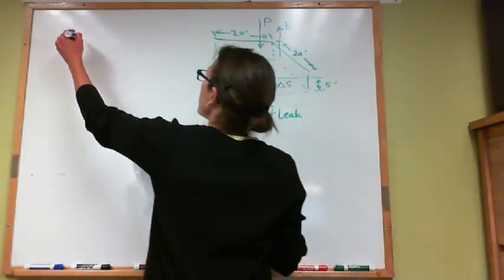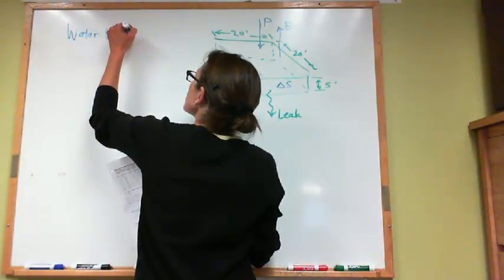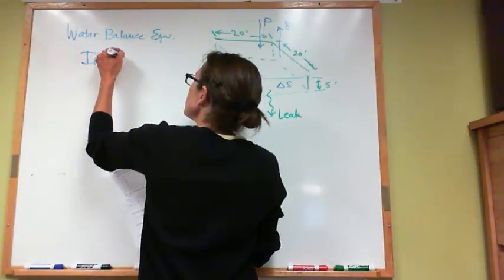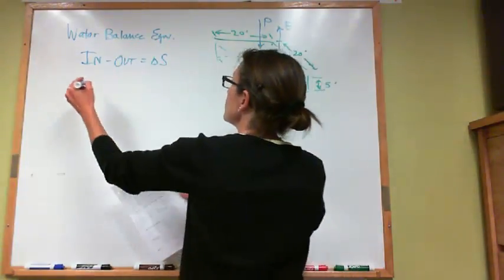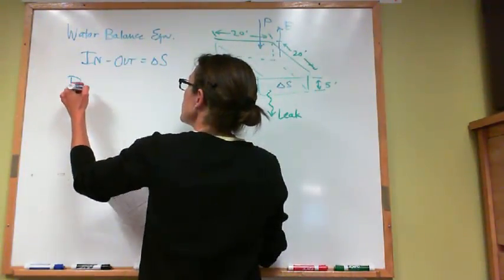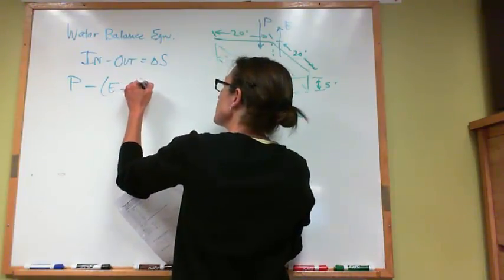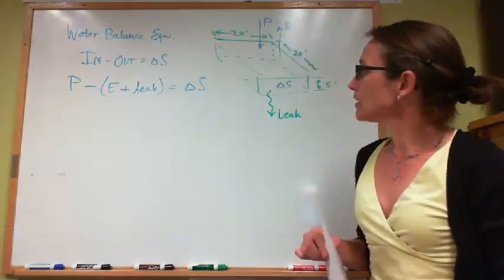So if we set up our water balance equation, which we're always going to do in minus out equals change in storage, our inflow here is our precip, and our outflows are the evaporation plus our leak, and that's going to be equal to our change in storage.